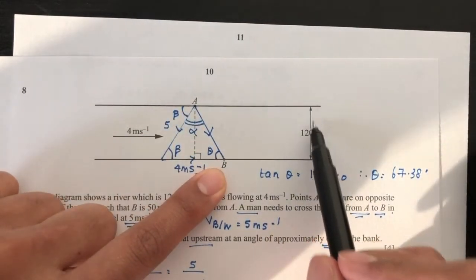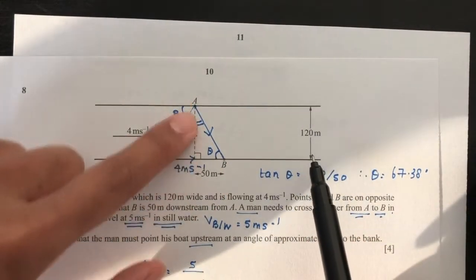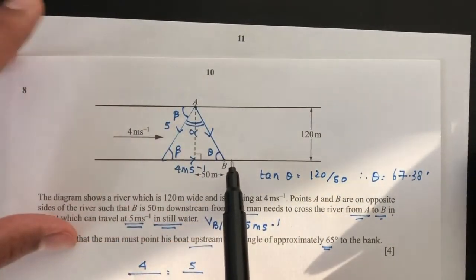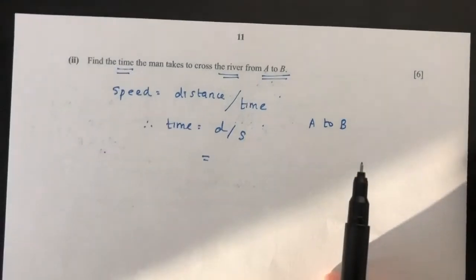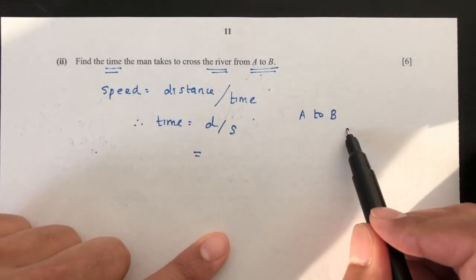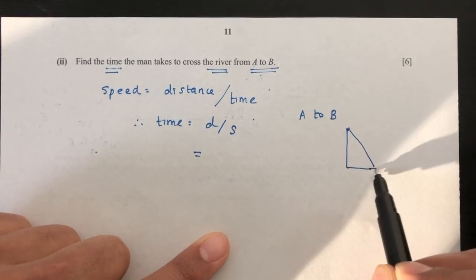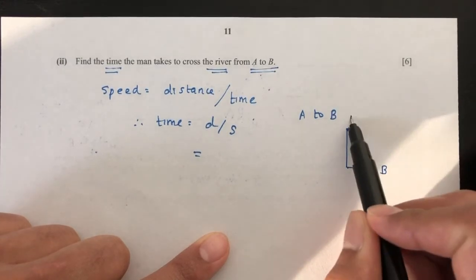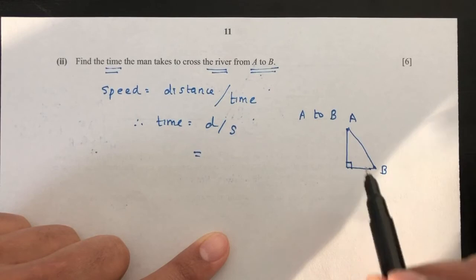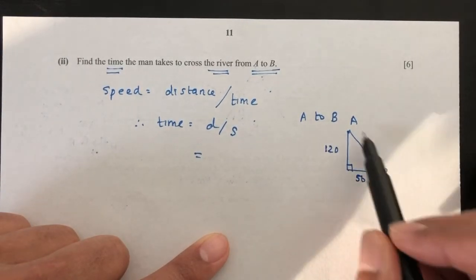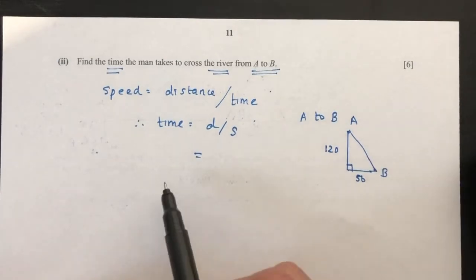We know this is 120, this is 50. So we can find AB by using the Pythagoras theorem. Let's draw this triangle here again. We have this point, and this is the point B. This is the point A, and this is a right angle, and this distance is 120, and this is 50. So to find AB, we use the Pythagoras theorem.